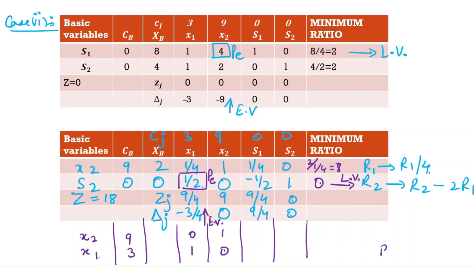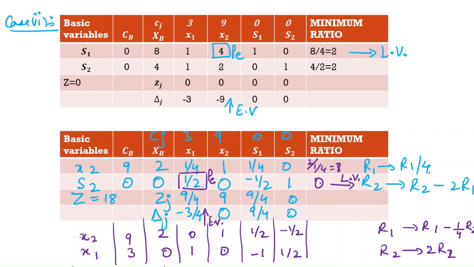So the row transformation, row 2 goes to twice of row 1 minus row 2, and this would be 0, 0, that's minus 1, that's half, and row 1 would be row 1 minus 1/4 of row 2. So I'll be getting the answers as 2, 0, 1, half and minus half.